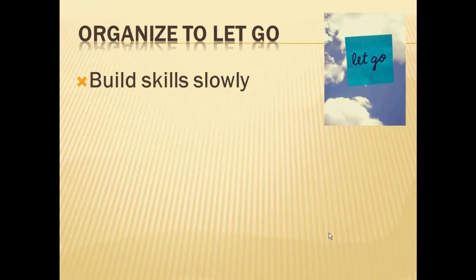So I spent a lot of time organizing, and I tried to imagine what skills I really wanted to focus on. And for me, it was that students could connect to their own learning without me, so they could become independent.